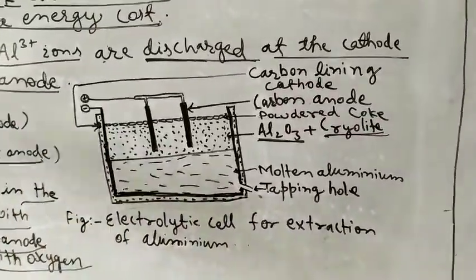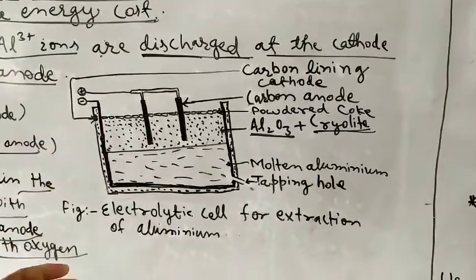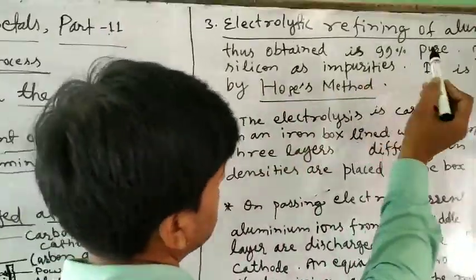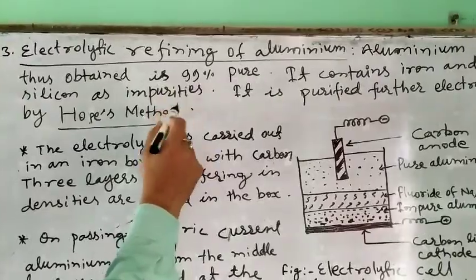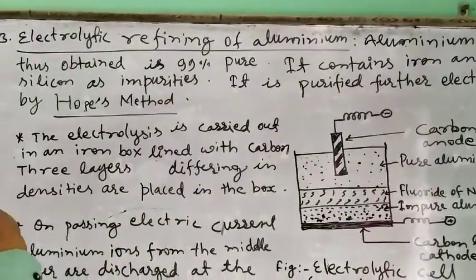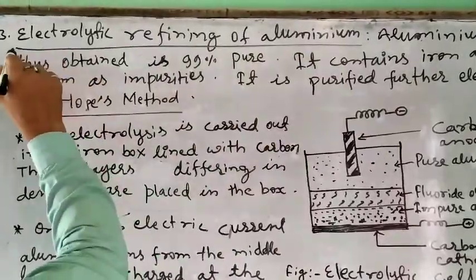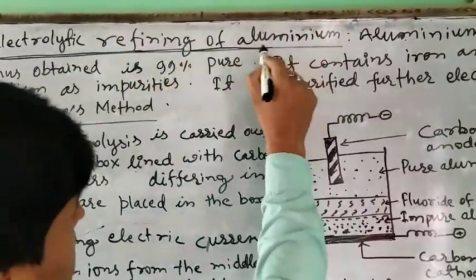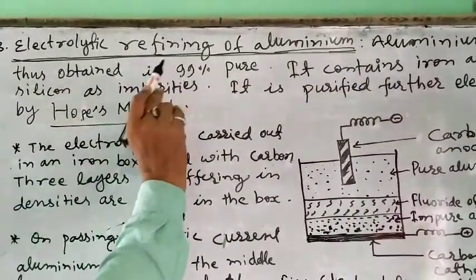Now the aluminium produced in this process is not 100% pure. It contains 99% aluminium, and the remaining impurities are separated by electrolytic refining of aluminium. This is the third process, the purification of aluminium by electrolytic refining.